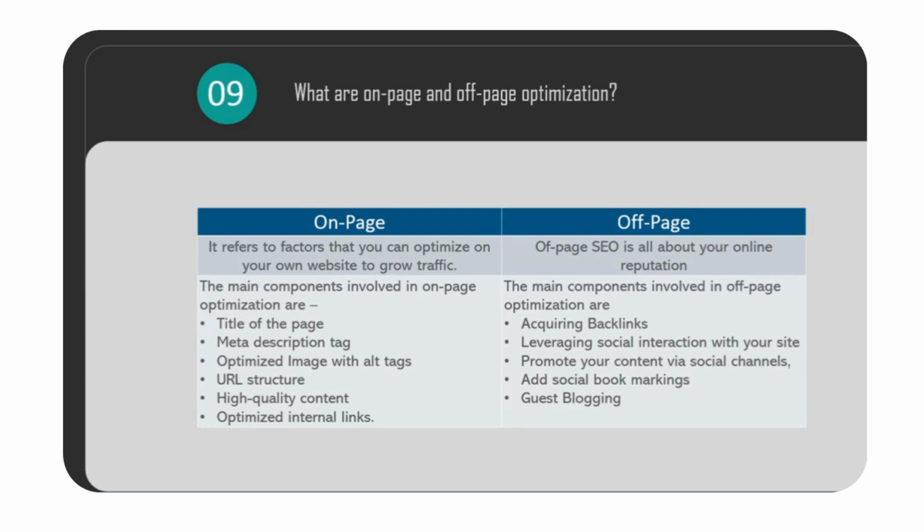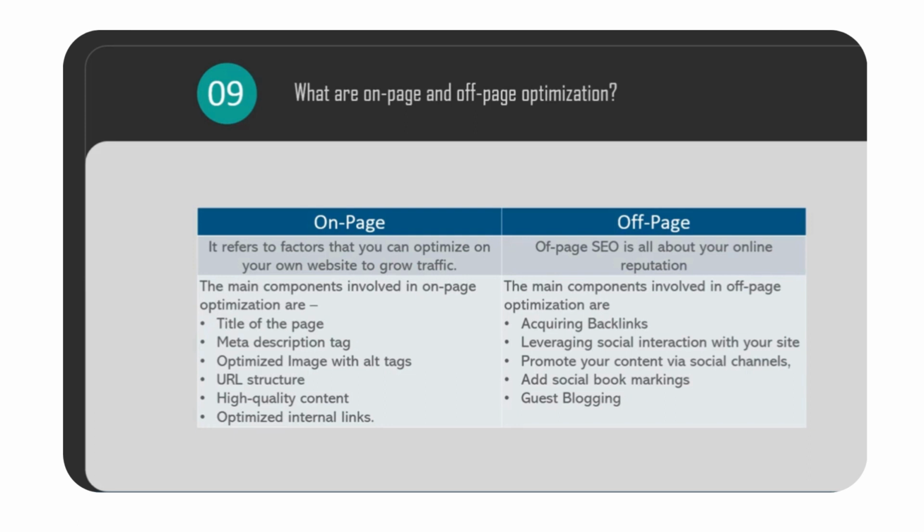Whereas off page SEO is all about your online reputation. It includes acquiring backlinks for your page from authority sites in your niche. The main components involved in off page optimization are acquiring backlinks, leveraging social interaction with your site, promoting your content via social media platforms, adding social bookmarking, and guest blogging. So these are some major differences between on-page and off-page optimization.